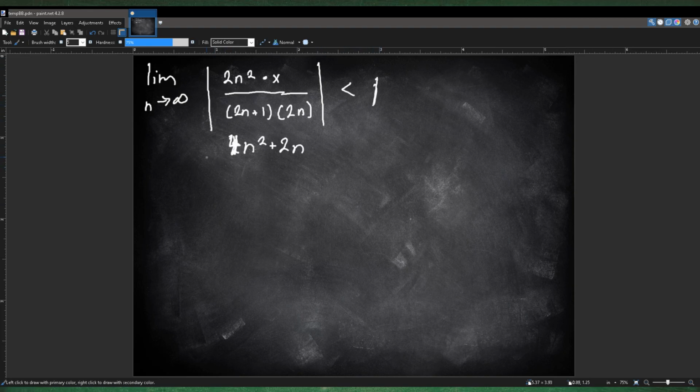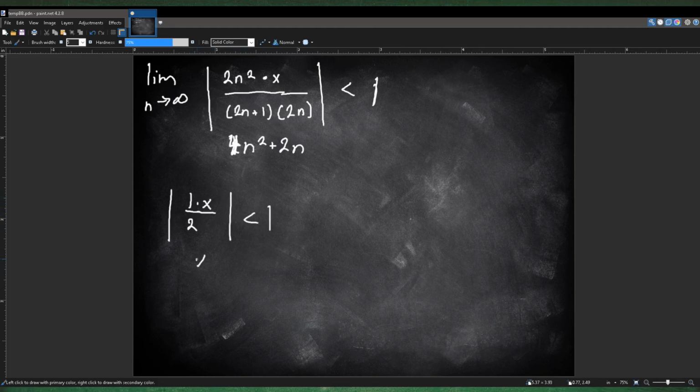Okay? So as n approaches infinity, what do these numbers simplify to? Well, as it approaches infinity, you have 2n squared on the top and 4n squared on the bottom. That just simplifies to 1/2, right? Which is the general idea of limits. And then we still have the x on top, so 1 times x divided by 2 is less than 1.